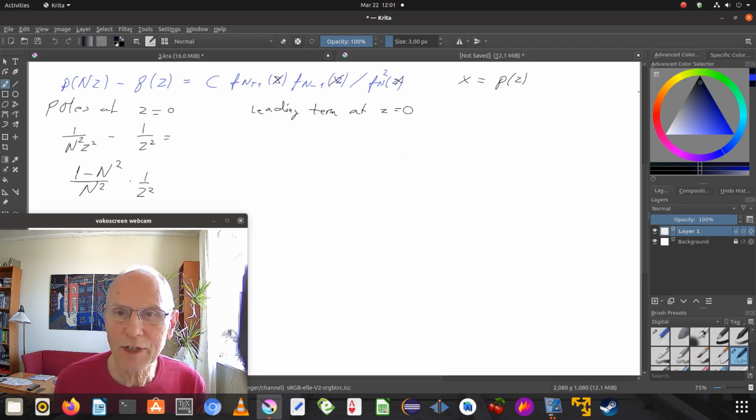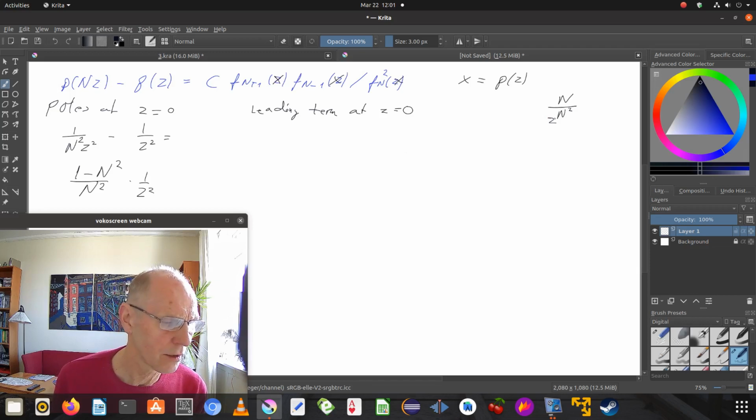So I believe in general it is n divided by z to the n squared. I should have prepared this. This is silly, to spend your time doing this. And then minus 1.